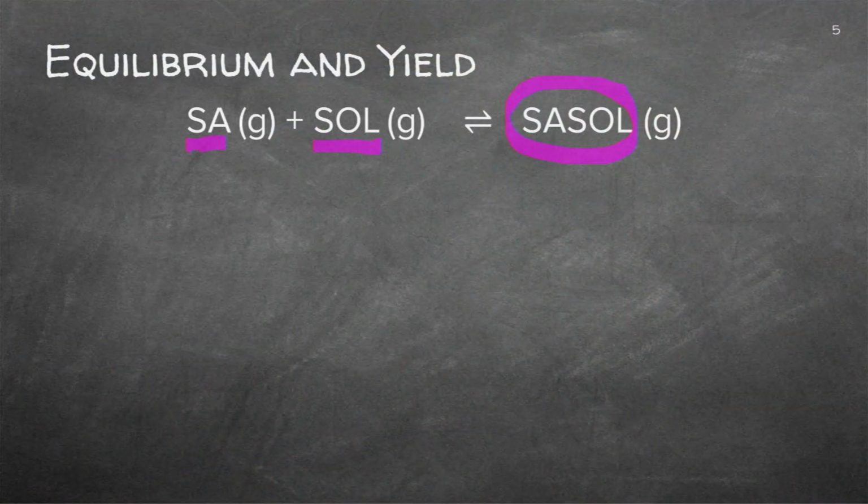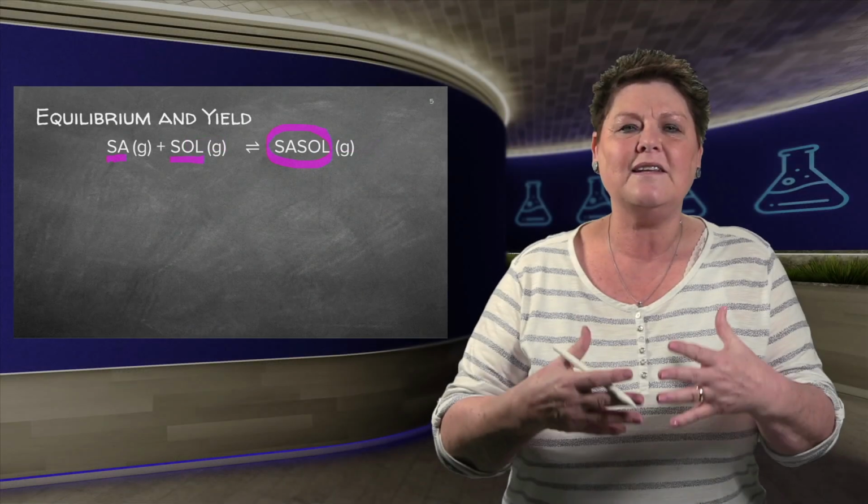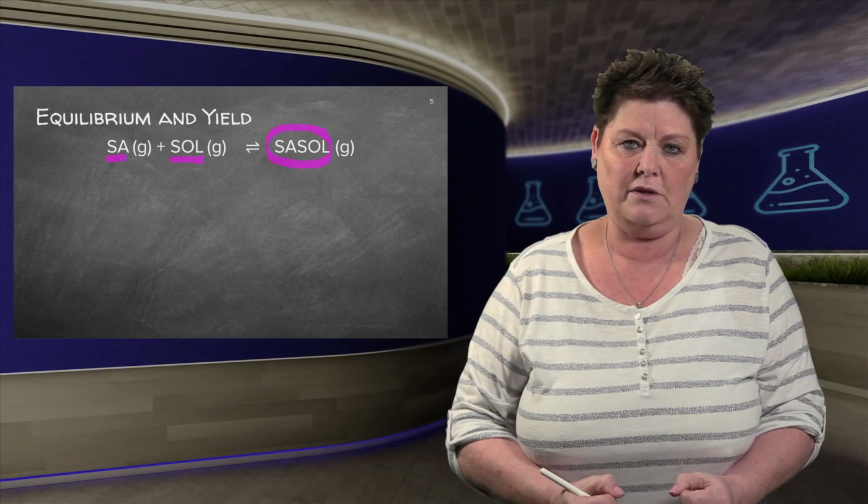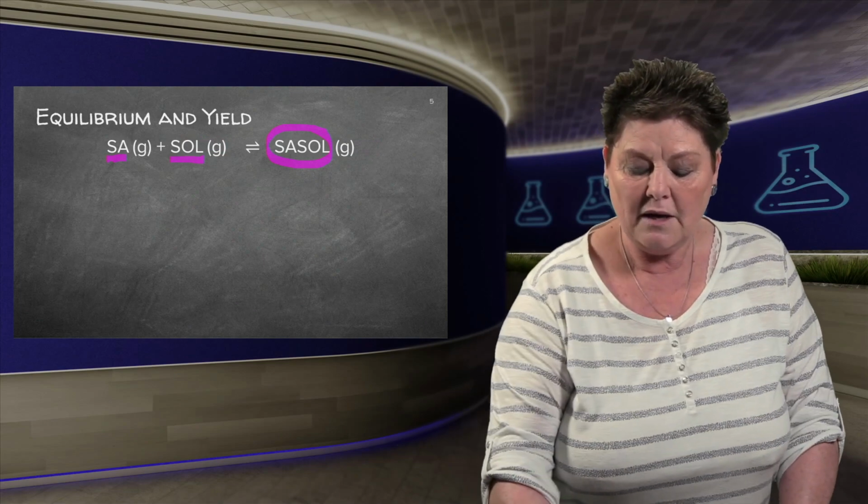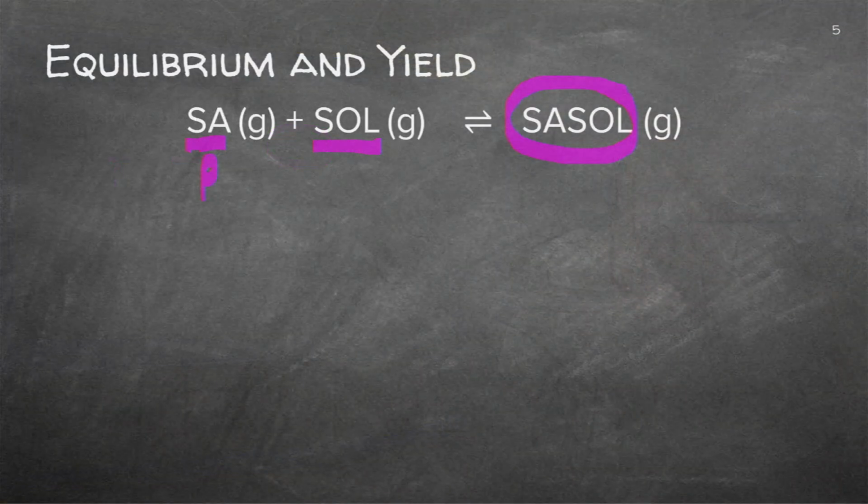Sasol is the fuel that we put into our cars, and in the South African environment, most of us should know that Sasol is a huge industry. Now, let's say we are putting in reactant 1, SA, and reactant 2, SOL, and it forms Sasol.